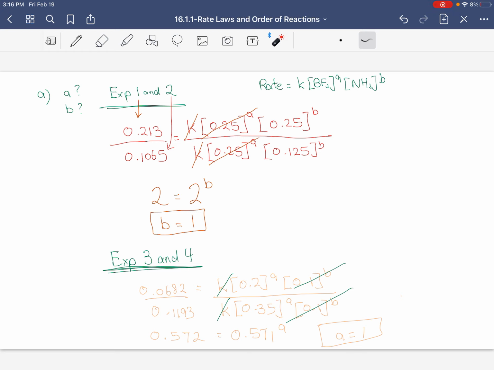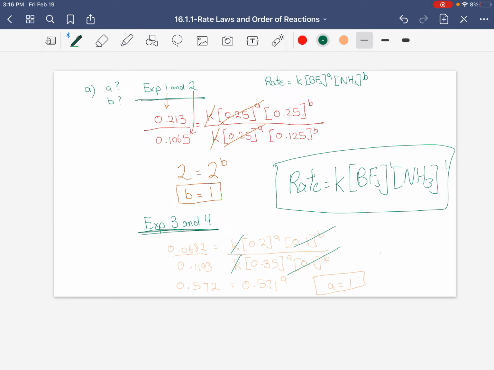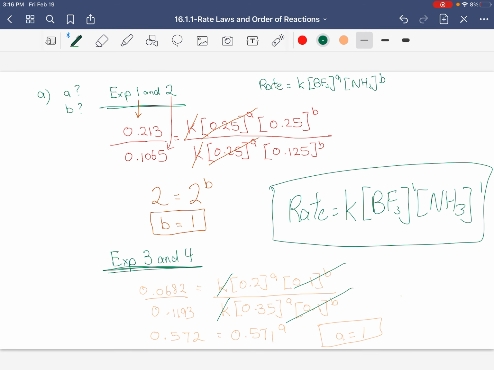We're done. So the answer for part A is that rate is equal to K times BF3 to the power of 1 times NH3 to the power of 1. That's the answer for part A of this question. Pretty sick, huh?